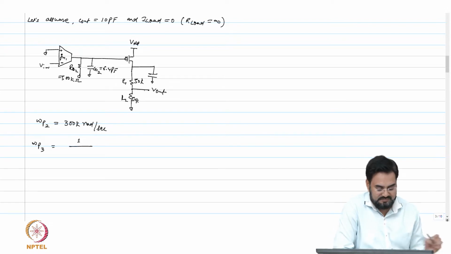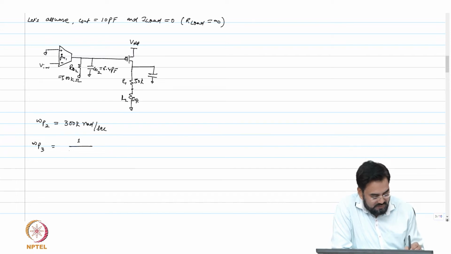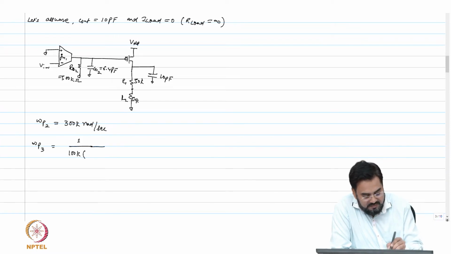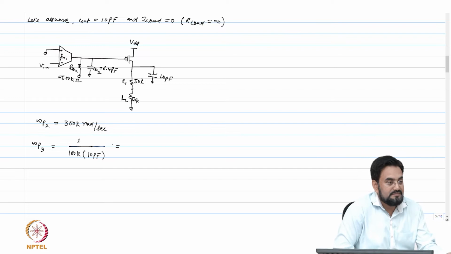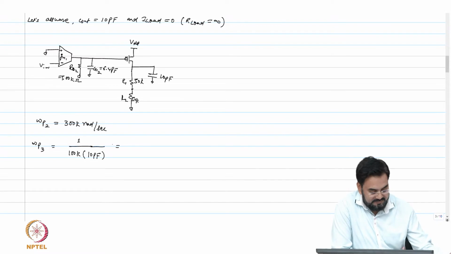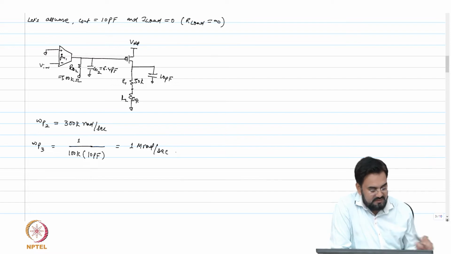Correct? So 1 over 100k, 10 pico. How much is that? 1 mega radian. Okay, so now you have both the poles.